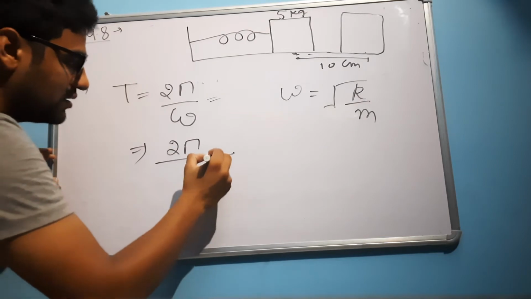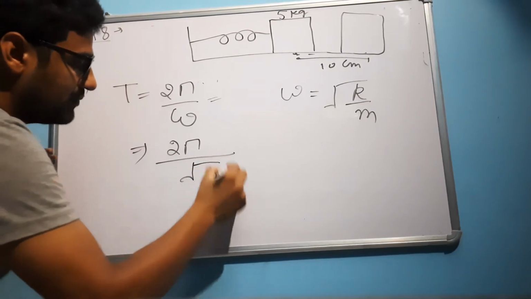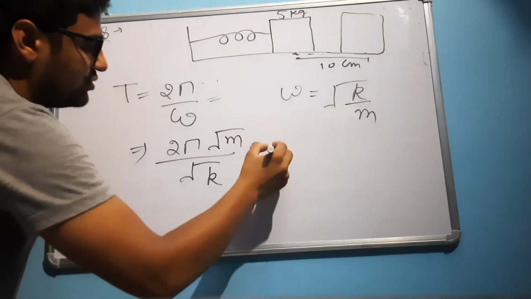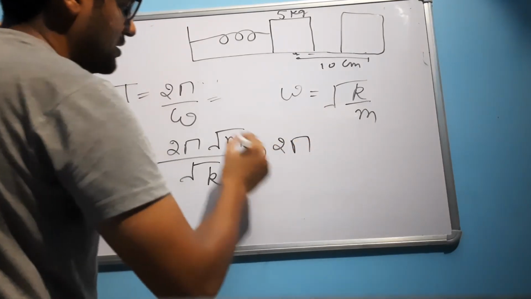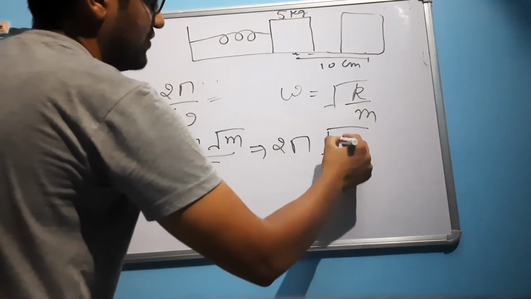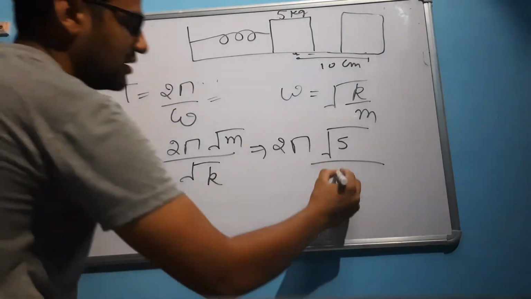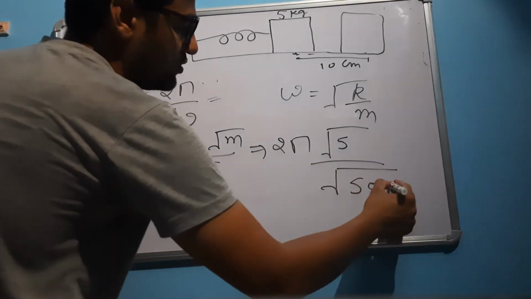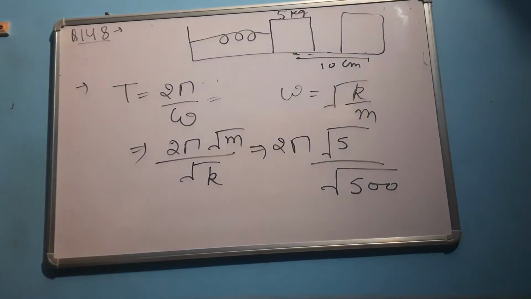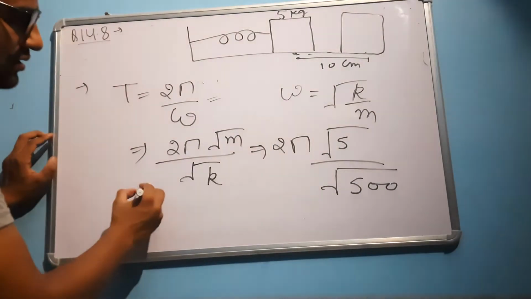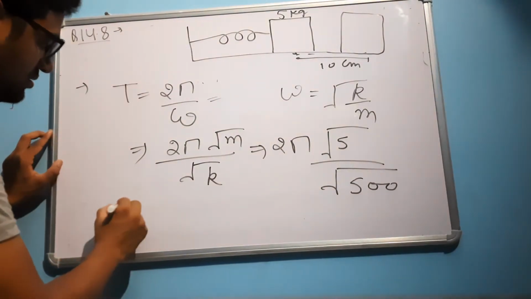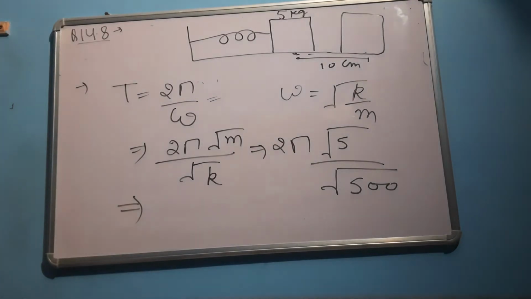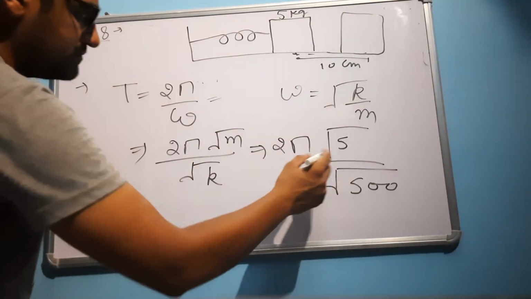It will be 2 pi root m by root k. Mass is 5 kilogram, and spring constant k is 500 Newton per meter. Now we can take the overall square root.